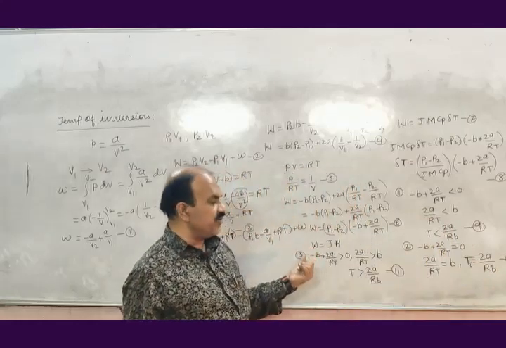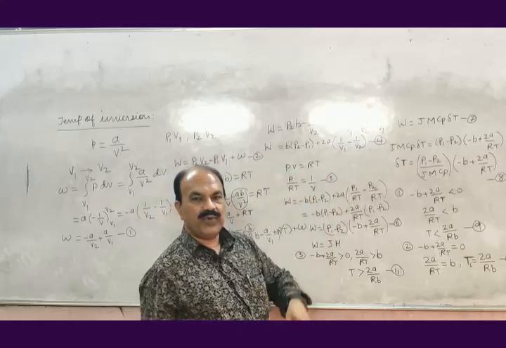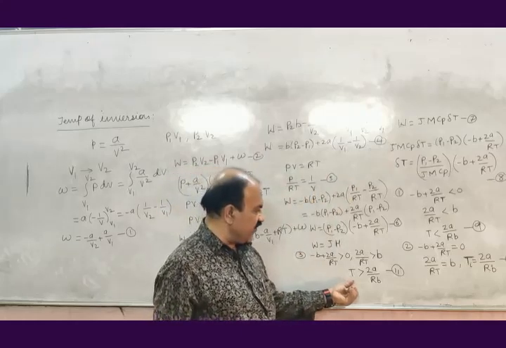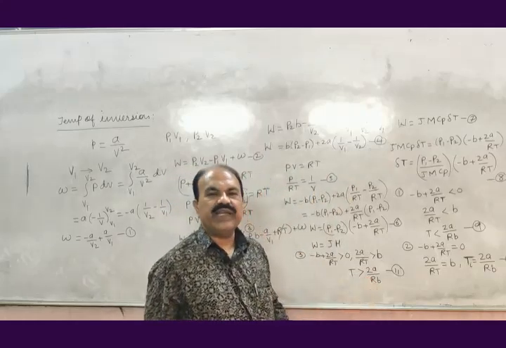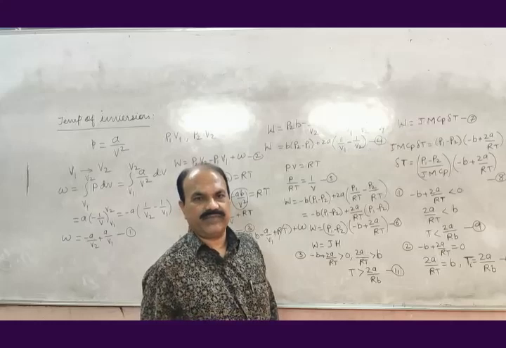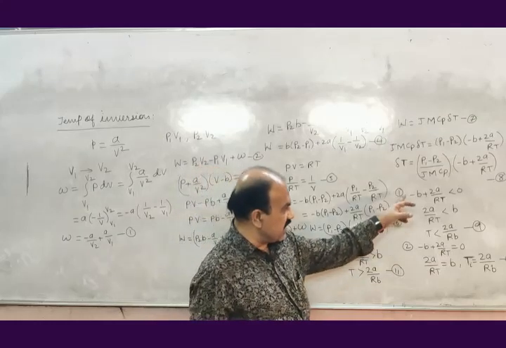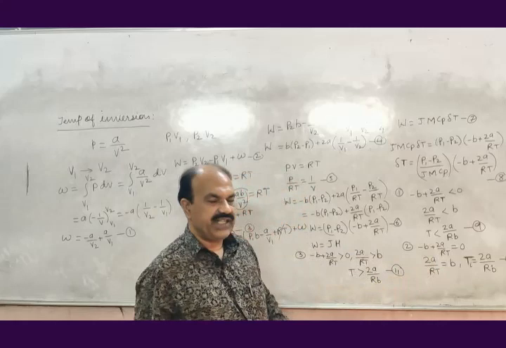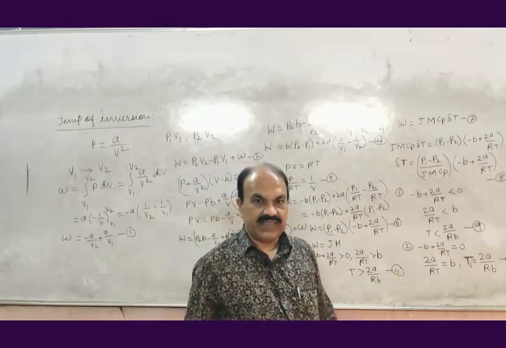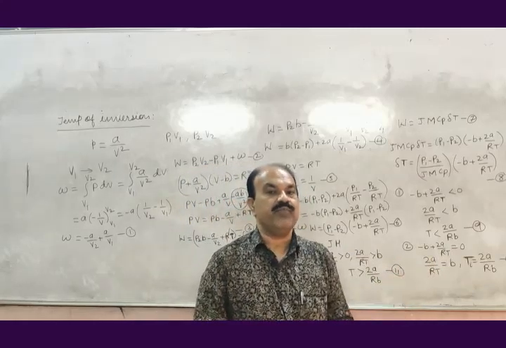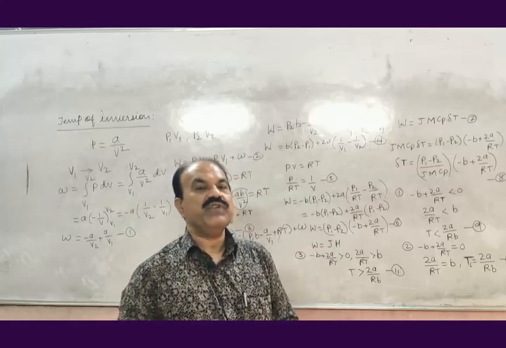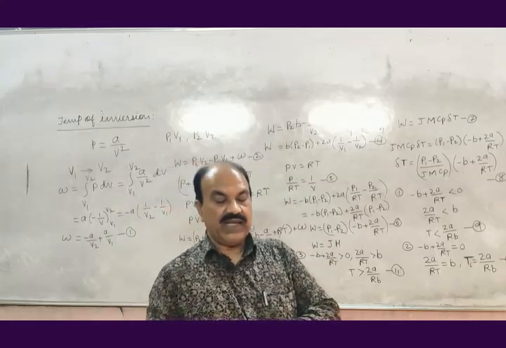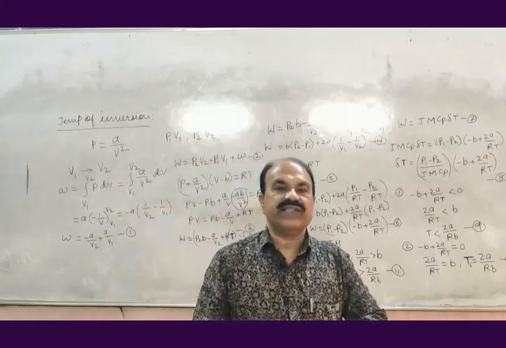Heating will be observed, delta T will be positive, if T is greater than 2A divided by RB. So these are the three important conditions which will decide what will happen with the outgoing gas.